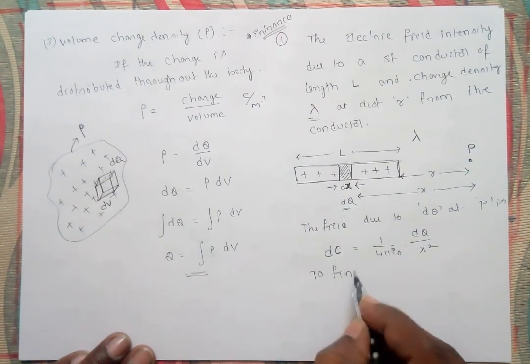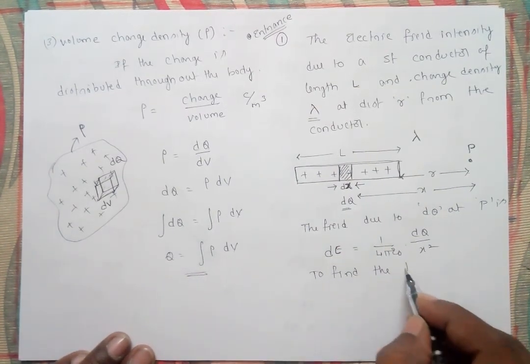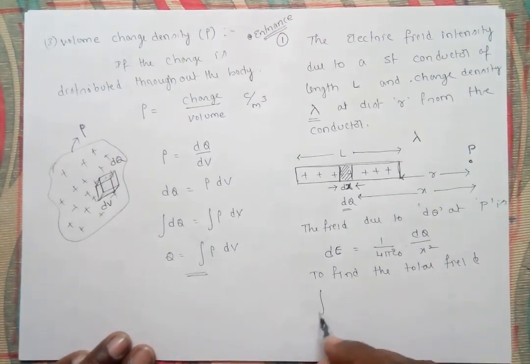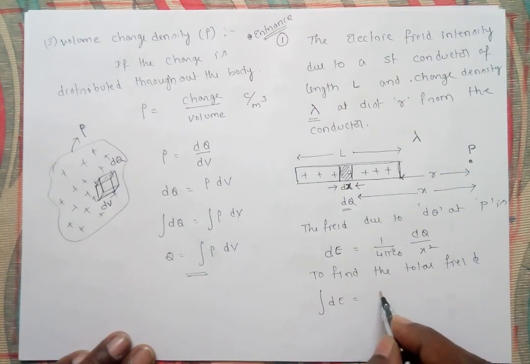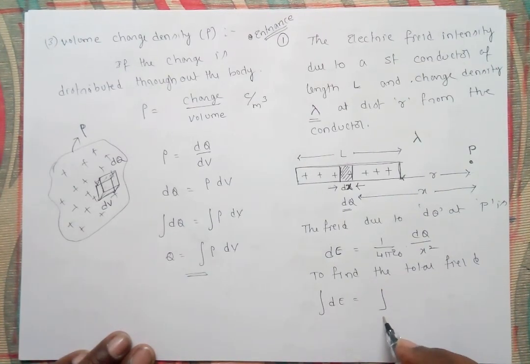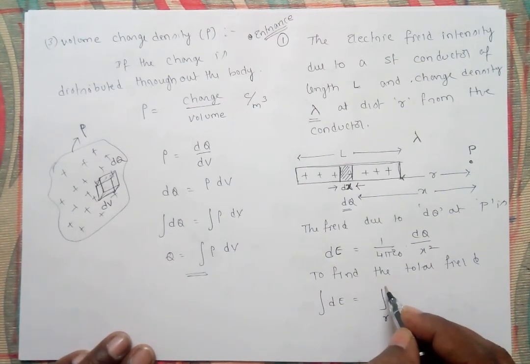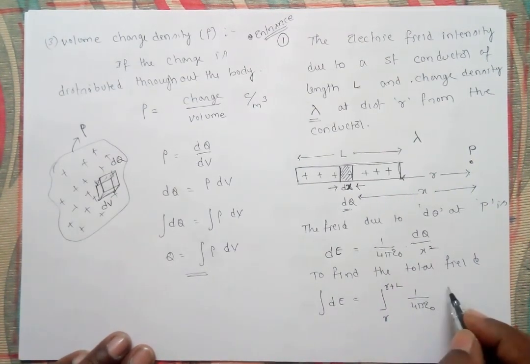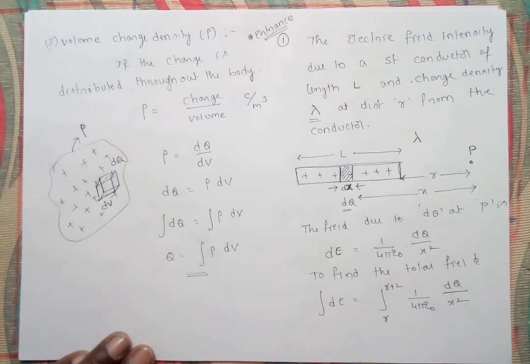To find the total field, integral dE equals the integral from the first end r to the second end r plus L of 1 upon 4 pi epsilon naught into dq by x square.